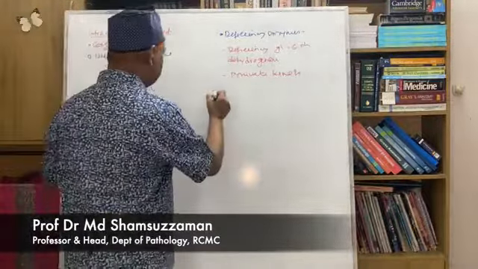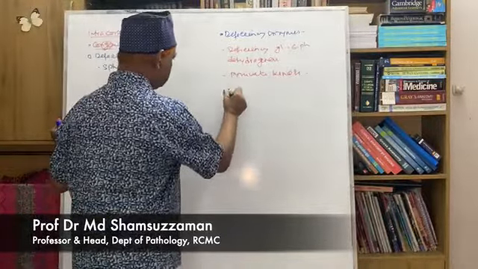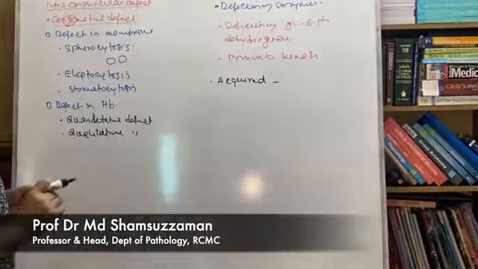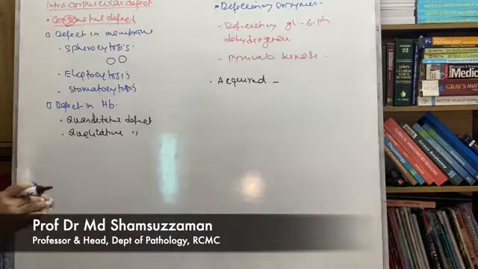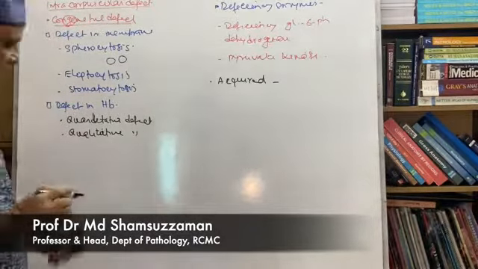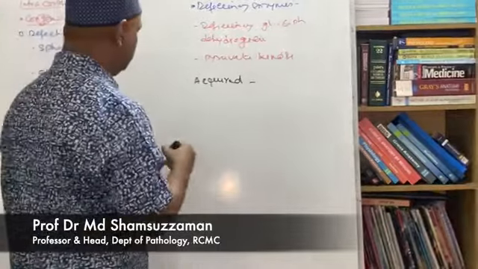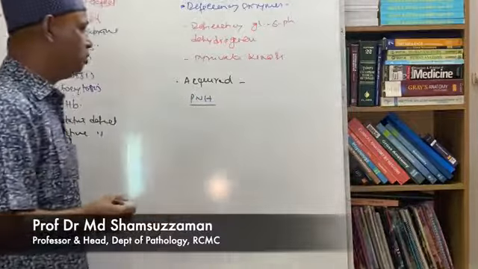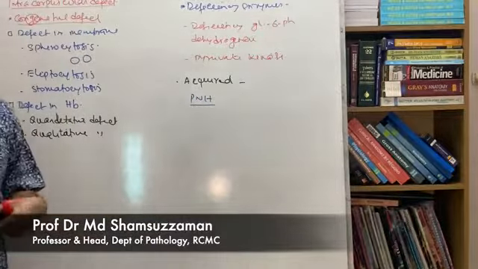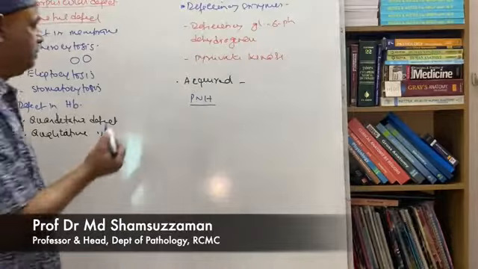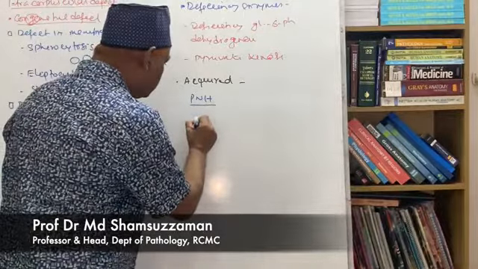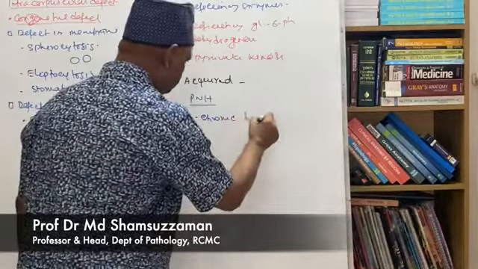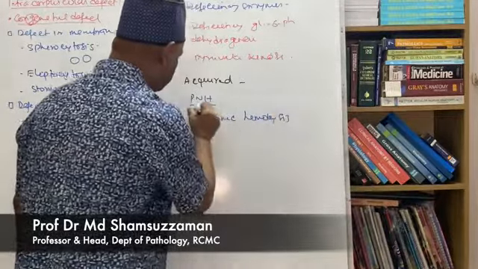Now come to acquired hemolytic anemia associated with intracorpuscular defect. Acquired may be PNH, paroxysmal nocturnal hemoglobinuria. What happens here? It is a chronic form of hemolysis.